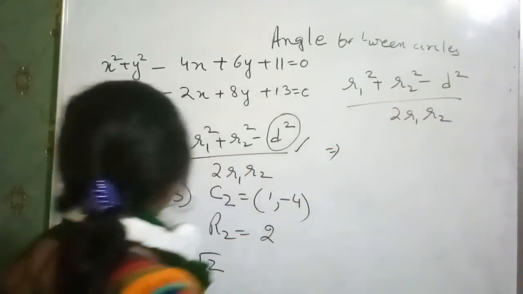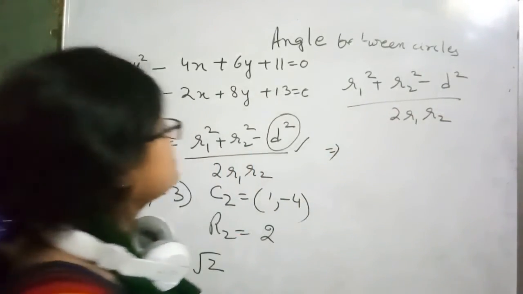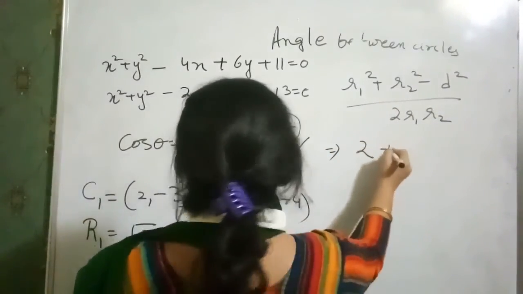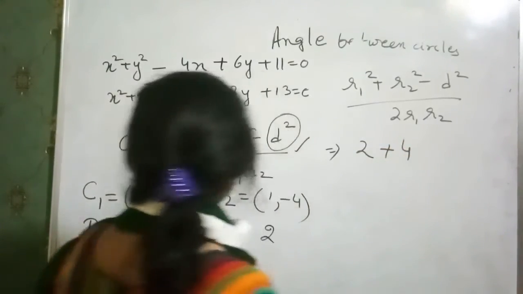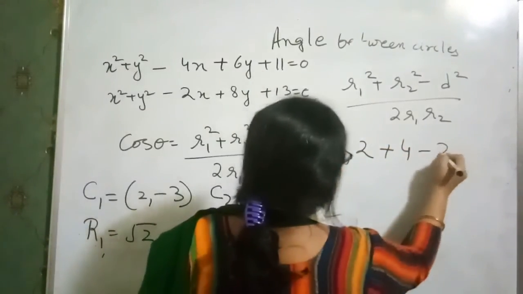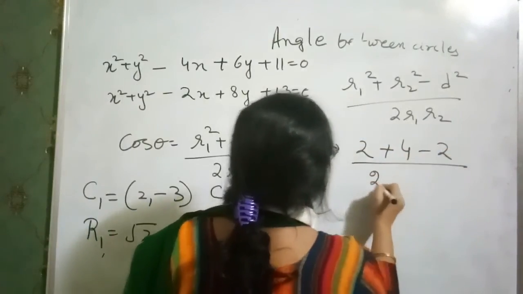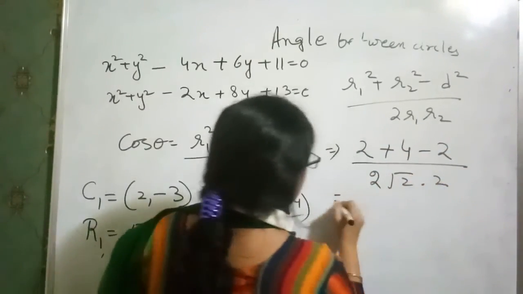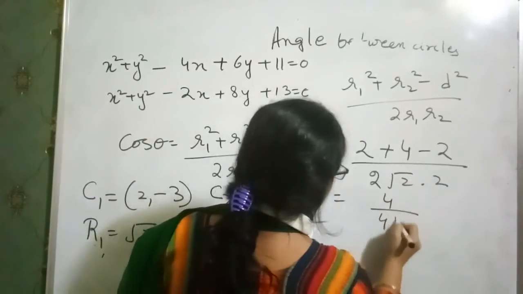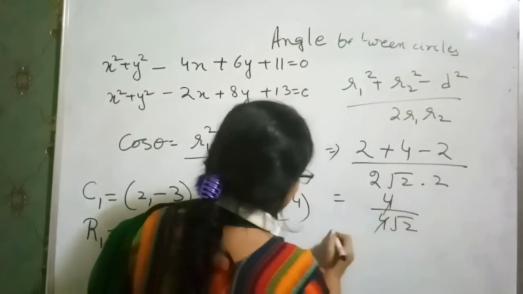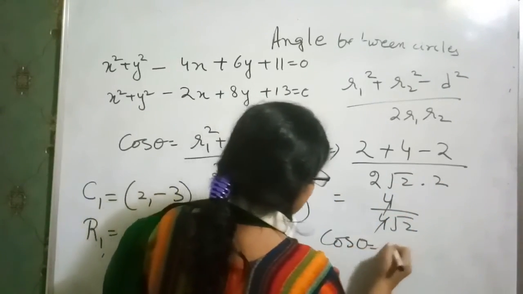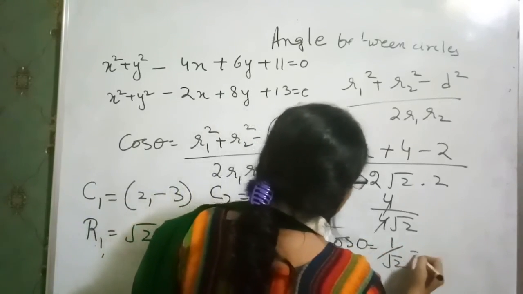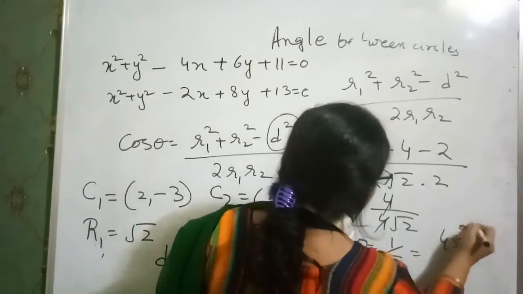So r1 square, under root 2 square, that is 2, r2 square, 2 2s are 4, d square, that is minus 2. Now 2 r1 r2, 2 into under root 2 into 2. So we have 4 over 4 under root 2, it gets cancelled. So we have cos theta is equal to 1 upon under root 2. So angle between them is 45 degrees.